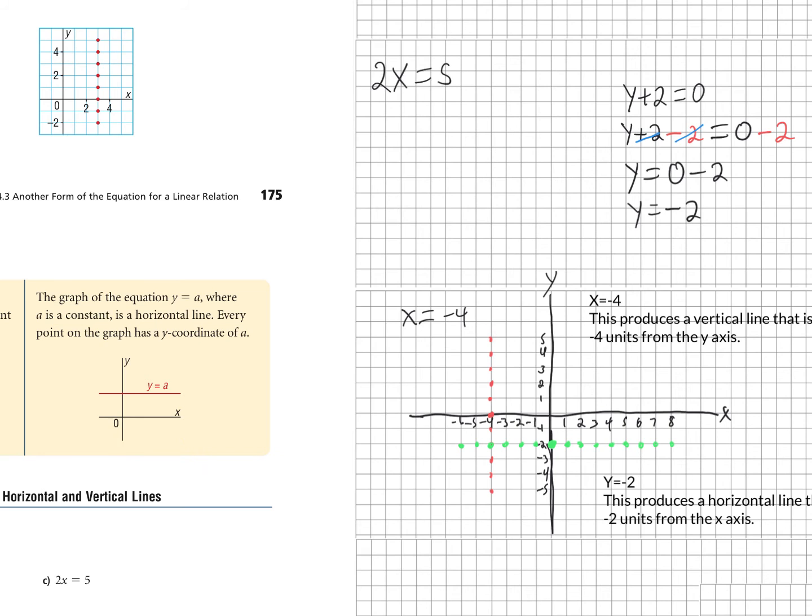So now, in this situation, I want to do something similar where I have x alone on this side of my equal sign, right here.